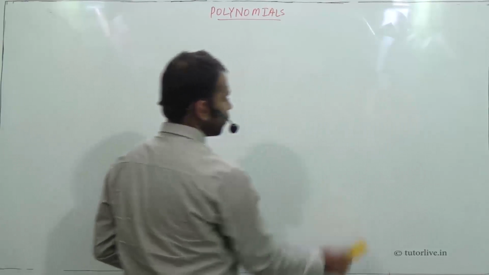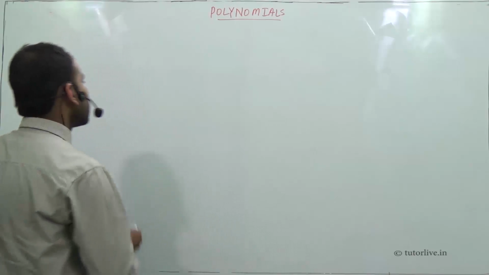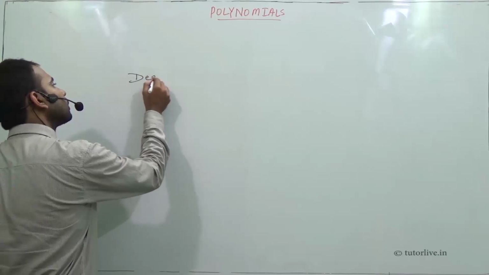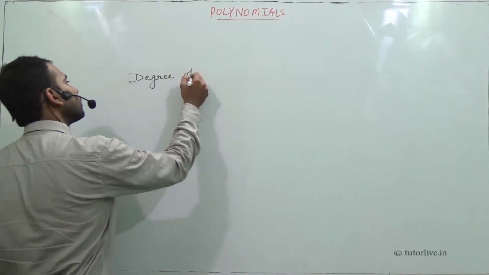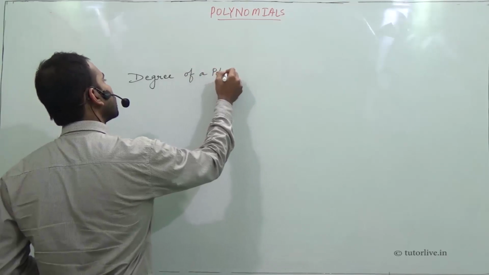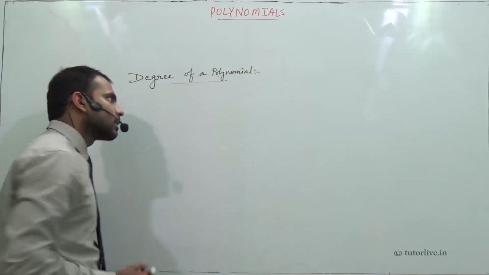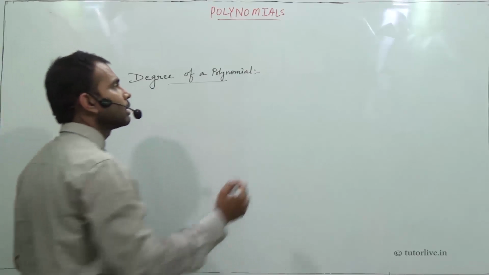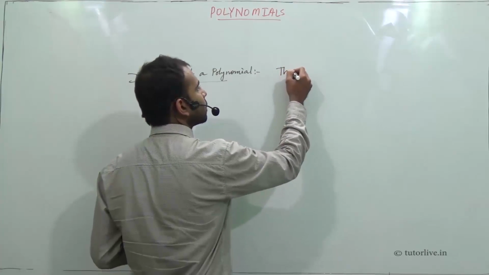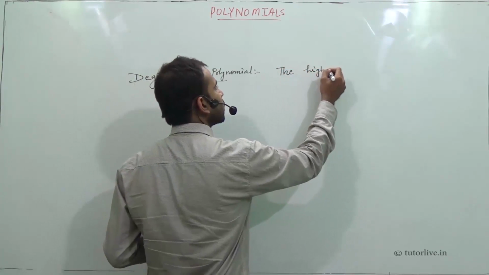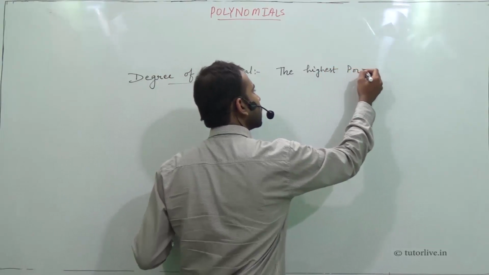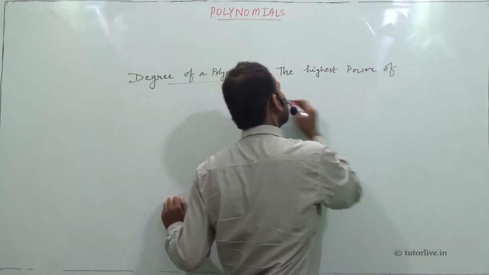Okay, moving on, degree of a polynomial. The degree of a polynomial is the highest power of a variable in a term.